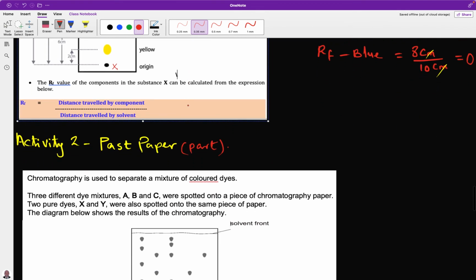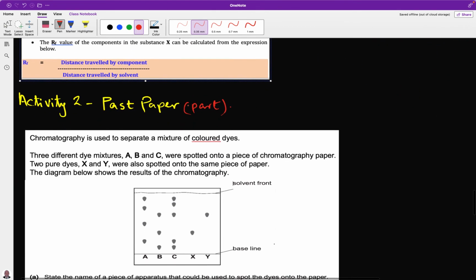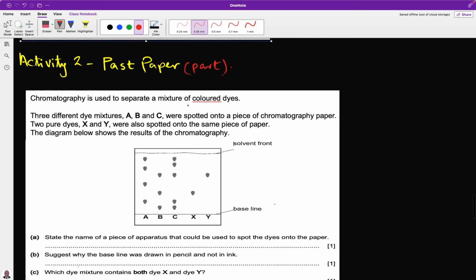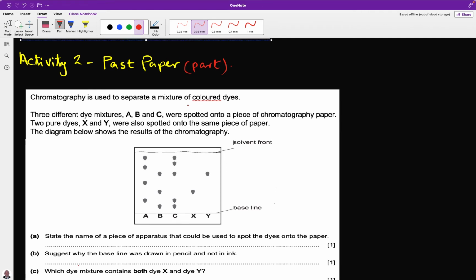Now we are going to start with activity 2 to see how you have better understood the technique. This is part of a past paper. The past paper reads: chromatography is used to separate a mixture of colored dyes. Three different dye mixtures, A, B, and C, were spotted onto a piece of chromatography paper.